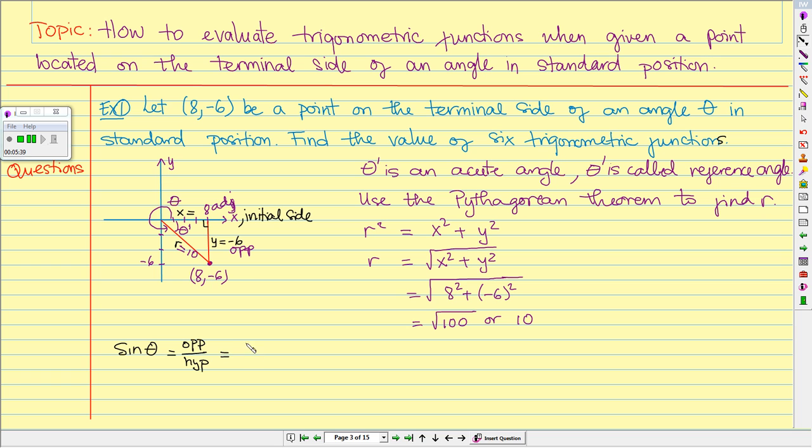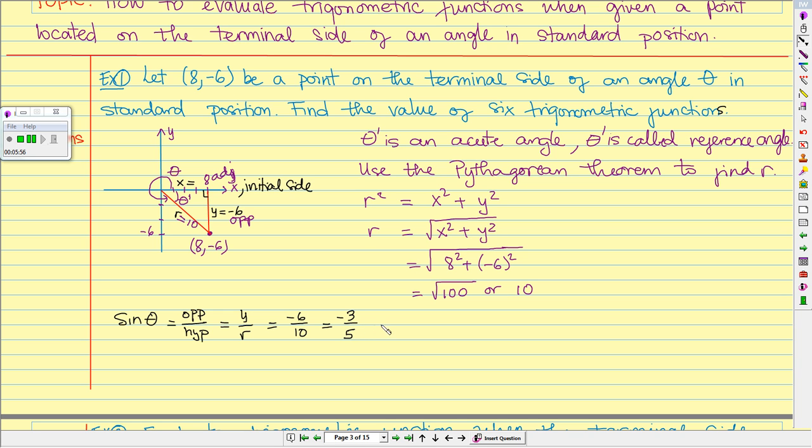In this case, the opposite is y, the hypotenuse is r, and I'm going to substitute. That will give me negative 6 over 10, and if you reduce this fraction, it gives you negative 3 over 5.